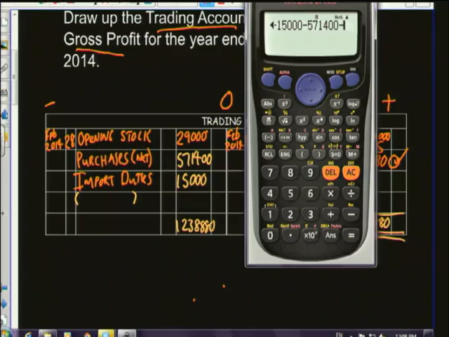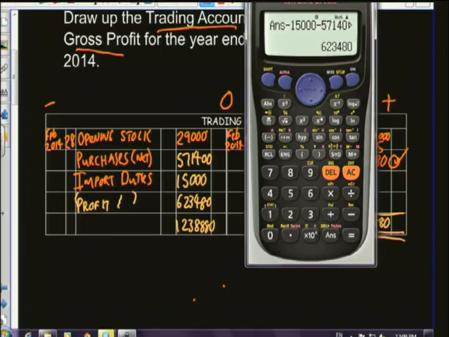And then finally minus my 29,000, and that gives me my gross profit 623,480. So let's fill that in, 623,480. Right, now remember, guys, this amount gets transferred to your profit and loss account, so your details will be profit and loss.